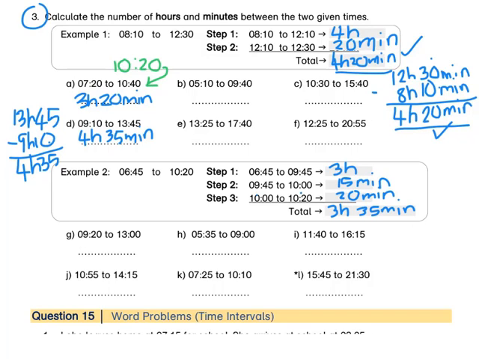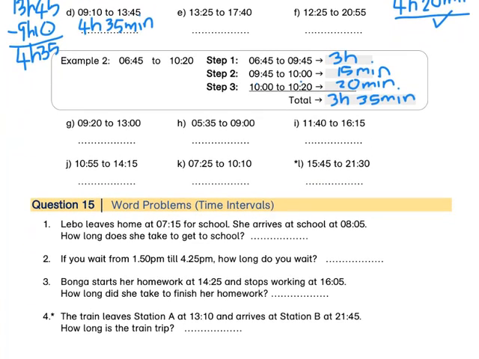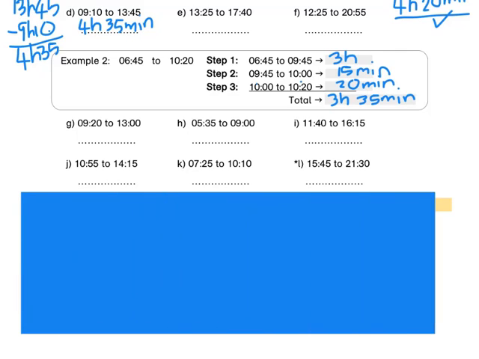Again, we can do this sum by doing a subtraction sum. I'm going to move down and make some space here. So, example 2, I'm going to do at the bottom here, using the subtraction method.